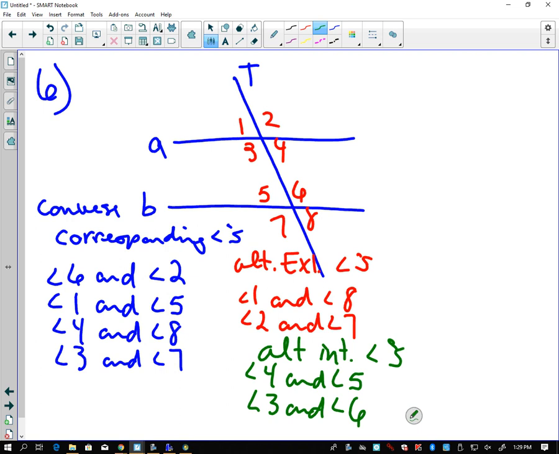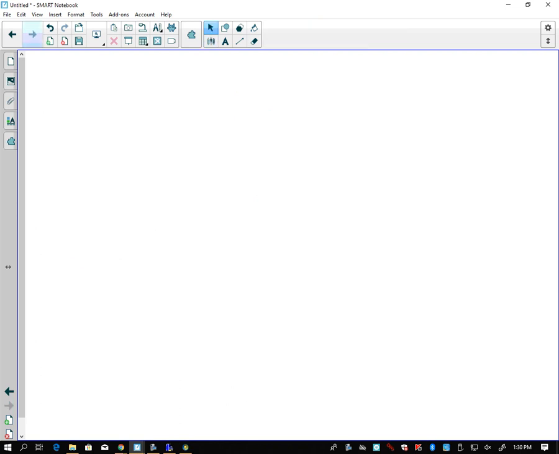If you find yourself making same side exterior, same side interior, or something like 4 and 7, which are nothing, you're going to be wrong. So hopefully we remember some lesson 12 stuff.